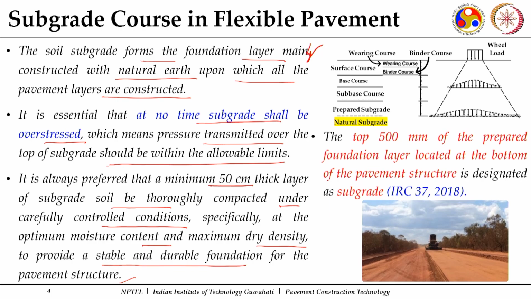This is what we target to achieve a stable and durable foundation for the pavement structure. Now, as mentioned earlier, the top 500 mm of the prepared foundation layer located at the bottom of the pavement structure is designated as per our IRC 37 for the specifications for flexible pavement design.